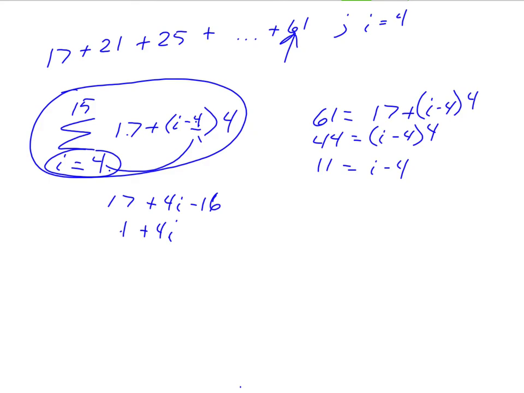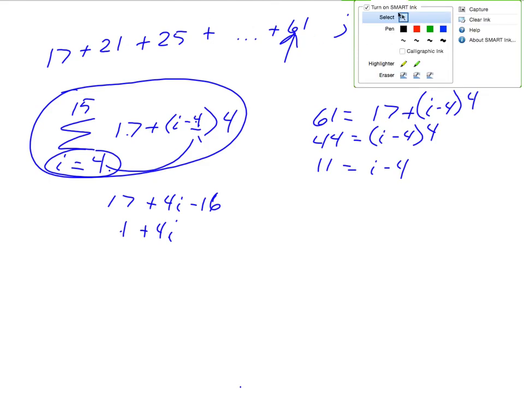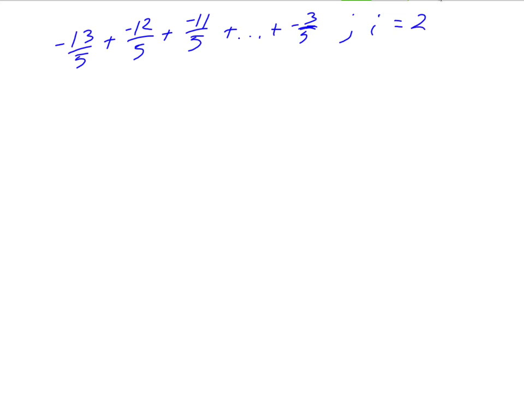Okay. All right, one more. So I have negative 13 fifths plus negative 12 fifths plus negative 11 fifths plus dot dot dot negative 3 fifths, and they want i to start out at 2.